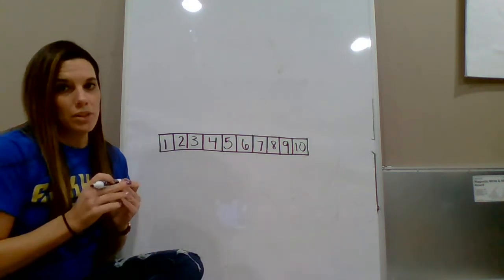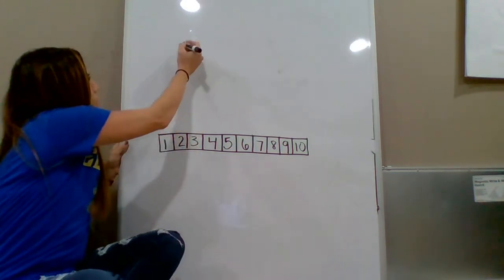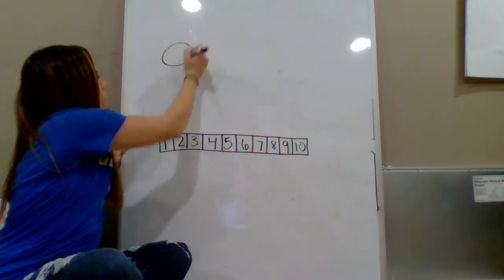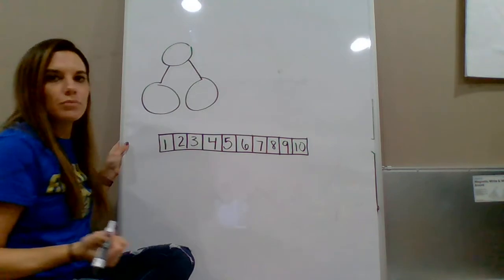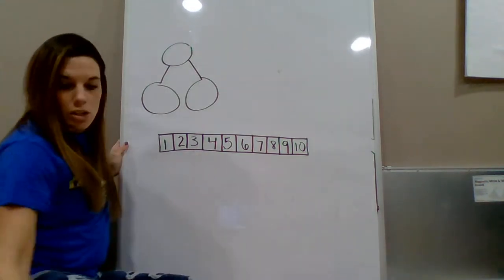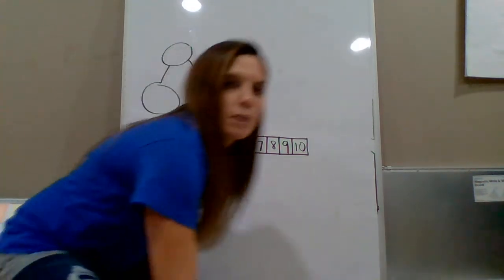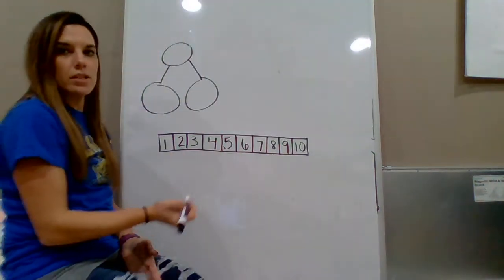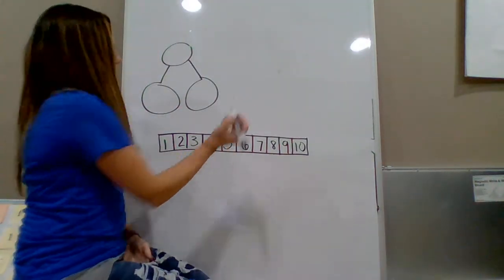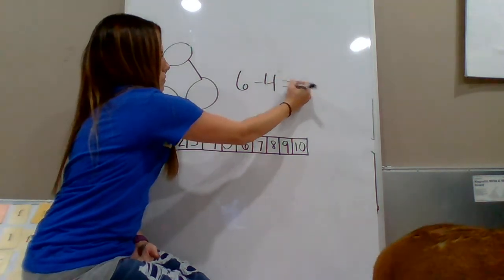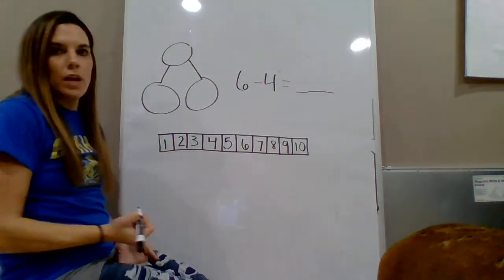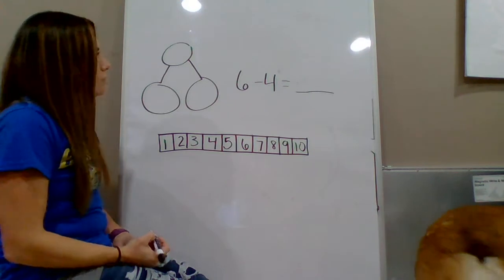First, I'm going to start with a subtraction problem. And I'm going to do a number bond right here. Okay, it's going to be 6 minus 4.